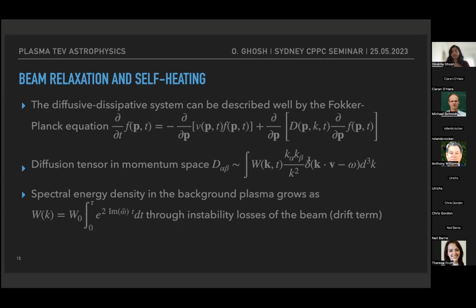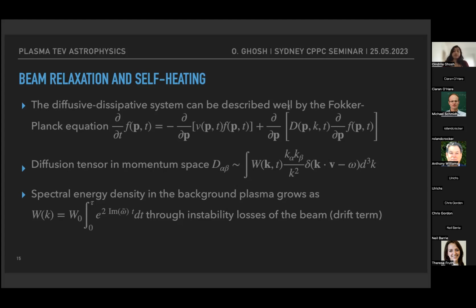And this delta function that appears here, and you have seen it before in the expression for the growth rate, this delta function is indicative of the Cherenkov resonance that leads to the growth of these unstable modes. Now, the spectral energy density in the background plasma grows exponentially, and the exponent is given by this imaginary part of the frequency, meaning this is the growth rate of the instabilities.